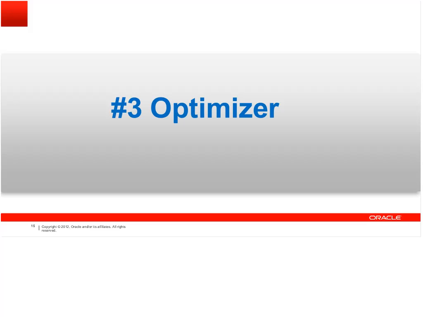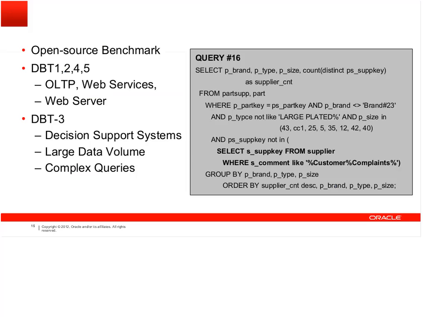Again, it's a feature that can get very technical and very specific. So I thought maybe the best way to tell the story was to talk about the benchmark we used and why we used it and what improvements were made. So we use DBT benchmarks, and that's a corollary to TPC. It's an open source variety of TPC. And there are several different versions. So we did DBT3, but there's also a 1, 2, 4, and 5.